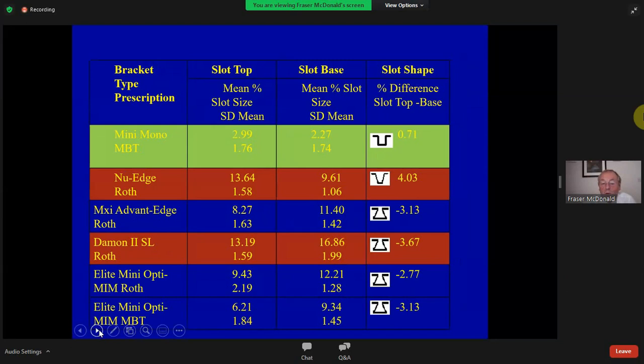The best one of all, I have to say, which does explain why it's able to move teeth very, very quickly, was the Damon. There is a significant variation here, not as much obviously as one of the previous ones, but if you have a small width of bracket and you have a variability of slot, this explains why the teeth move quickly, because basically they will tip very easily.